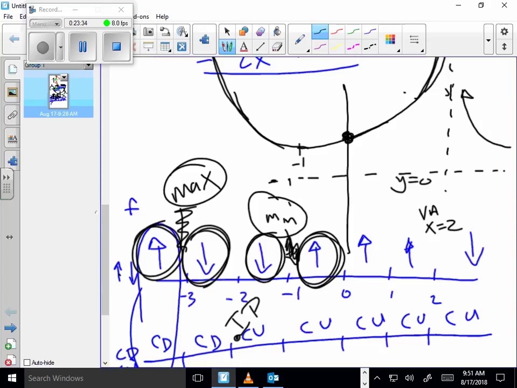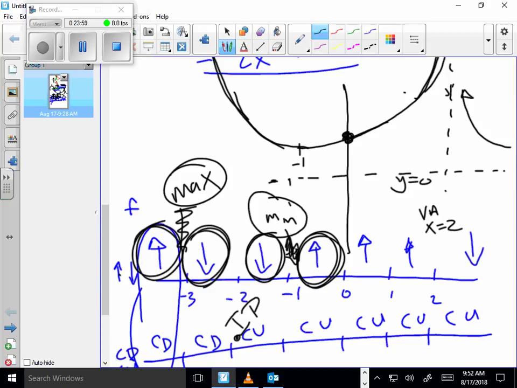F of negative 1 equals 0. F of 0 equals 12. As x approaches 2 from the negative, f of x approaches negative infinity. As x approaches 2 from the positive, f of x heads towards infinity.